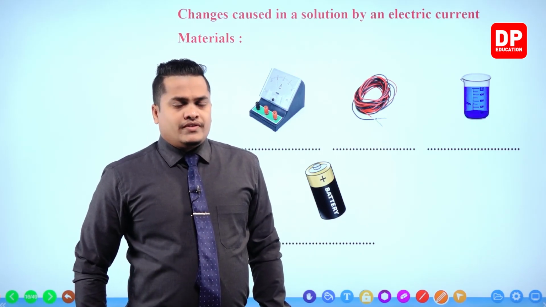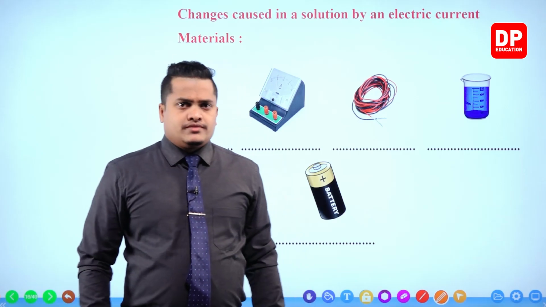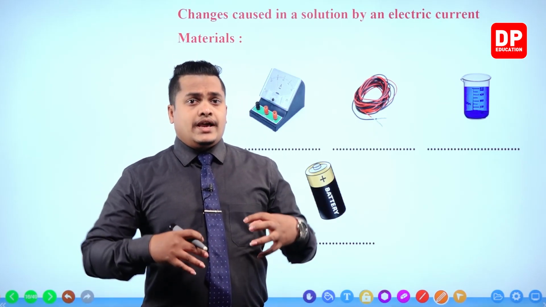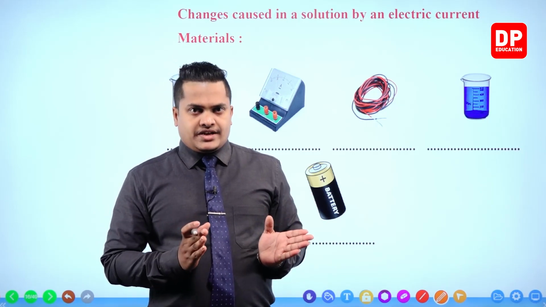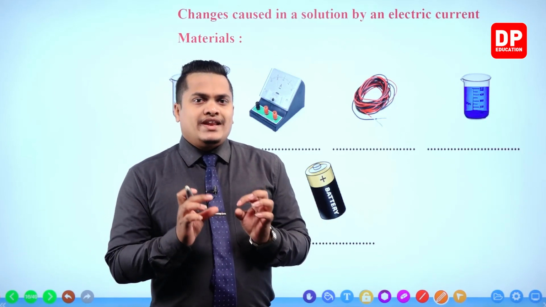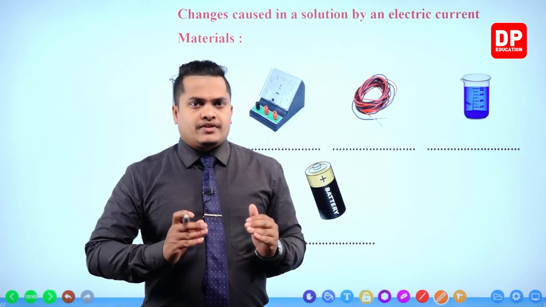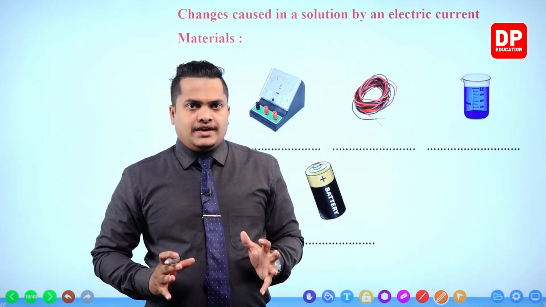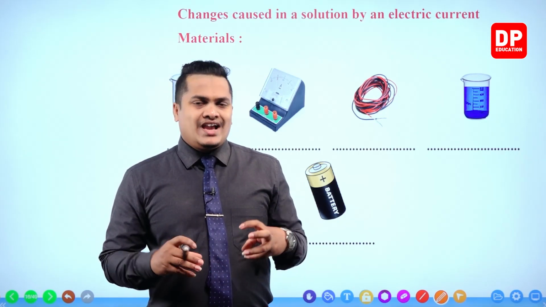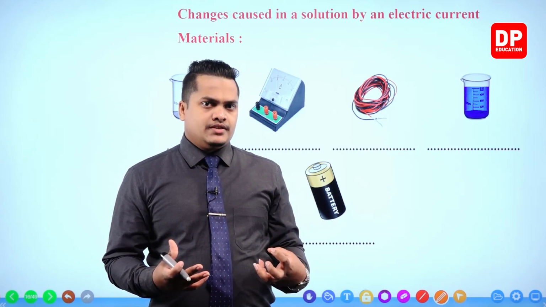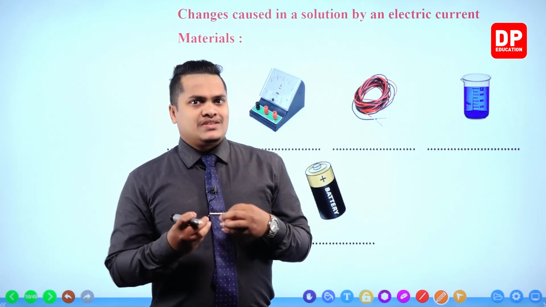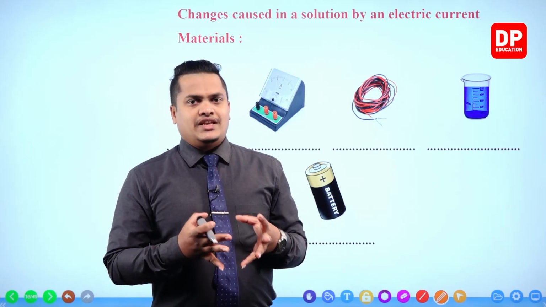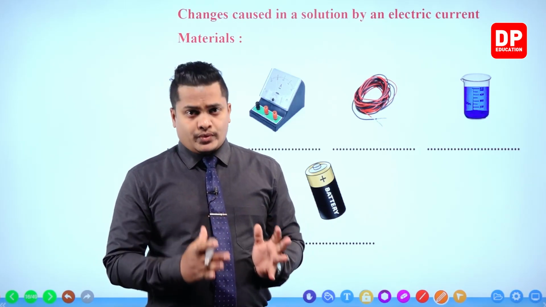We'll be using several electrolytes here, solutions that can pass electricity, and we are going to provide electricity by using carbon or graphite rods. After that, we are going to observe what has happened to the electrolyte when providing electricity. What are the special observations that we can see within the electrolyte when passing electricity through it?